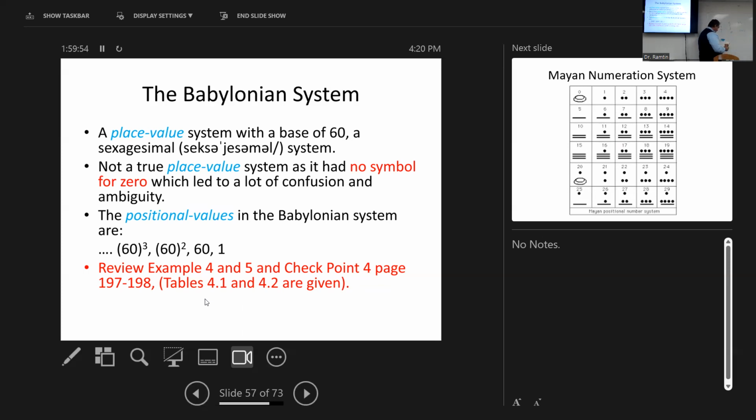Now we need to know, from the problem itself, the positional value of the Babylonian numeration system. This first one, what was the base? Remember? Yeah, base is 60.